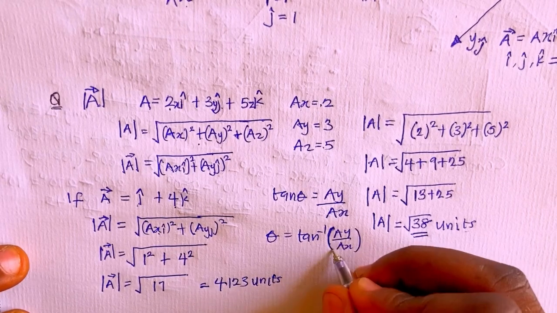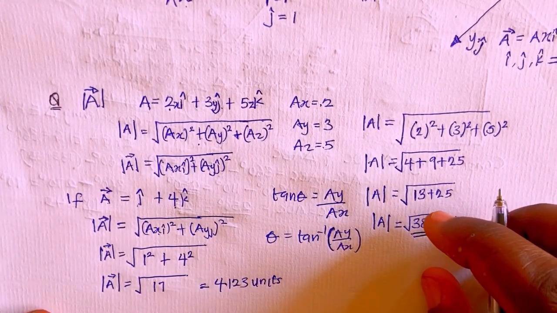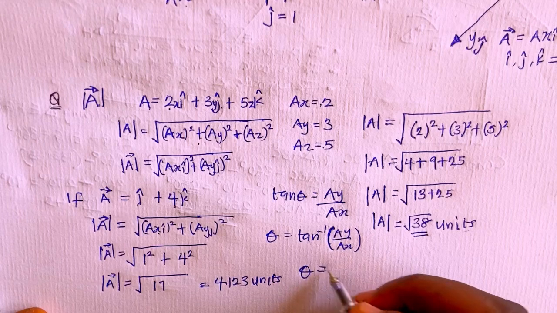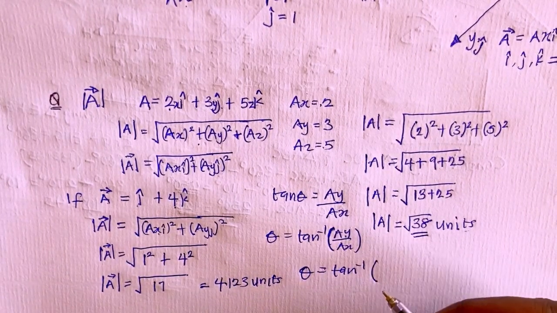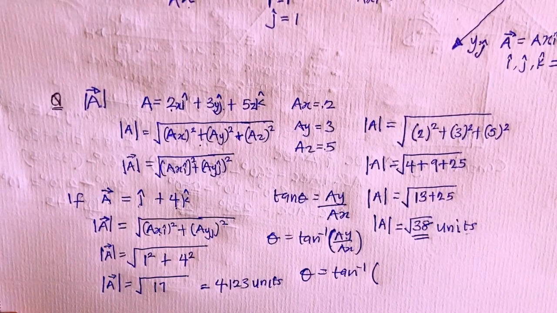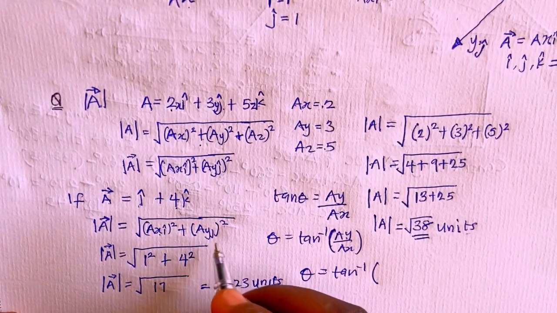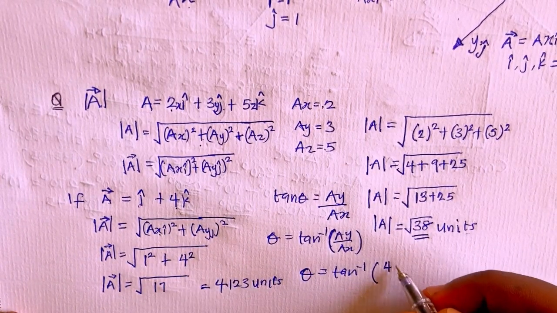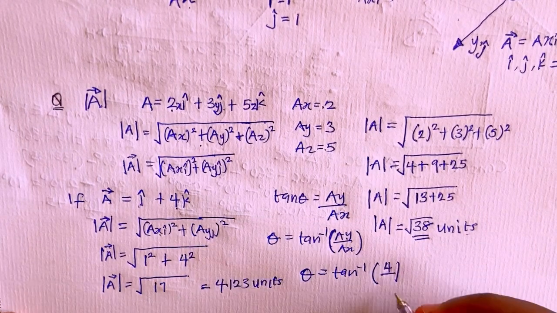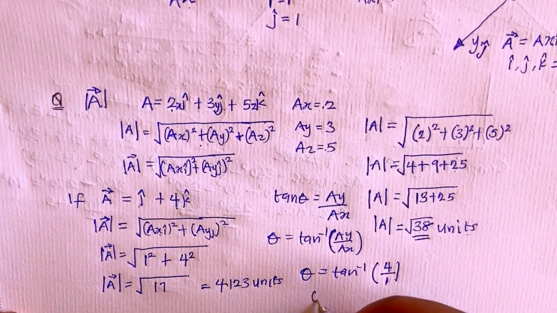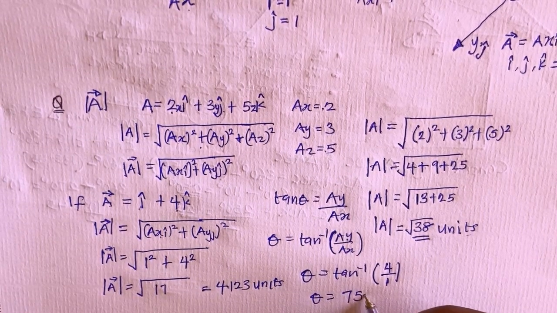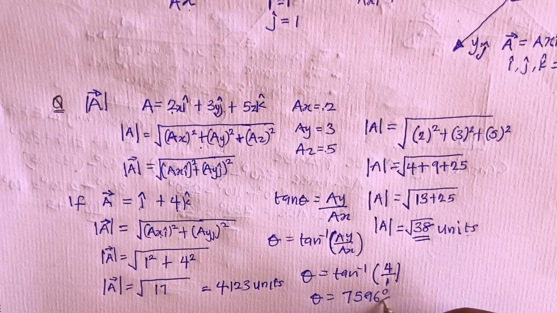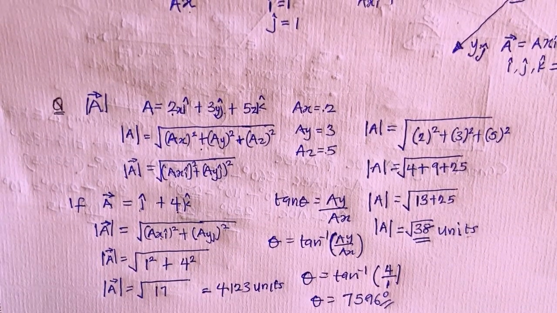In this case, my ay is taken to be 4, divided by ax, which is 1. Then I'm having theta equal to tan inverse of 4. So tan inverse of 4 gives me 75.96 degrees. So that's the case.